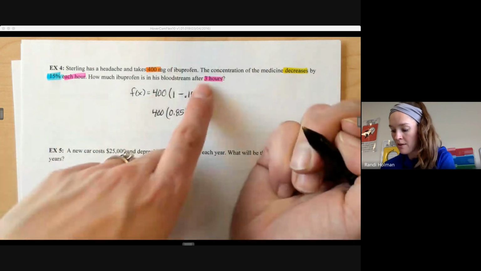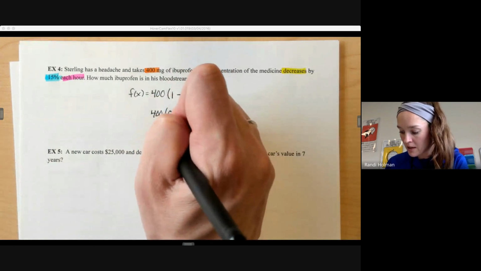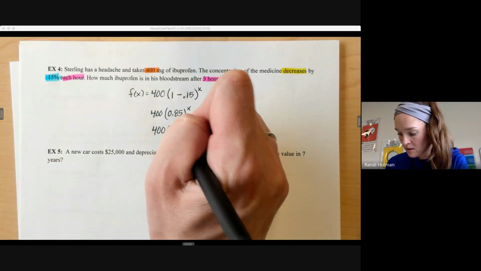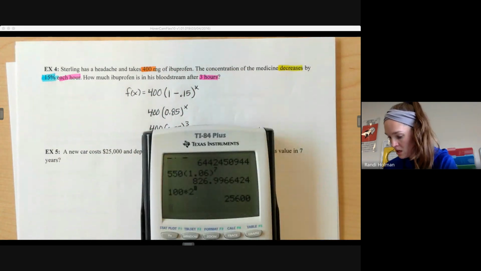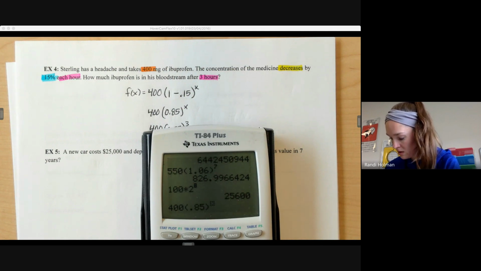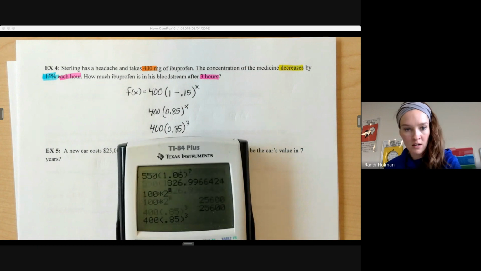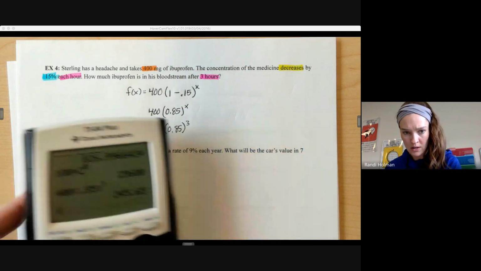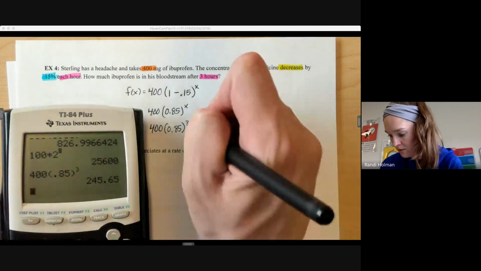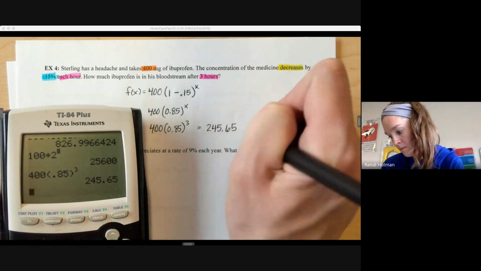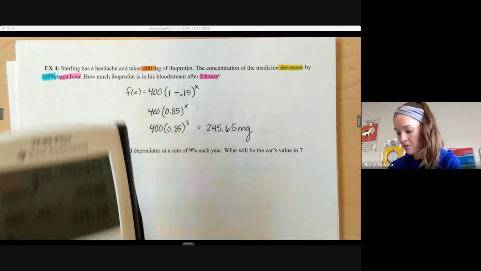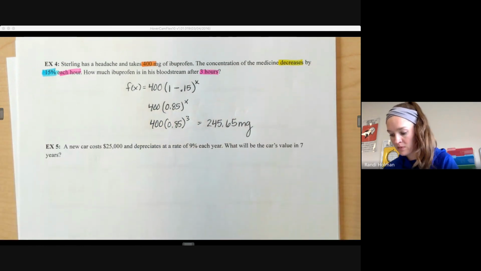And then we want to know after 3 hours, so let's go ahead and plug that in, and we can figure out how much ibuprofen is left in his bloodstream. 400 times 0.85 to the 3. And we get 245.65 milligrams of that ibuprofen left in his bloodstream.